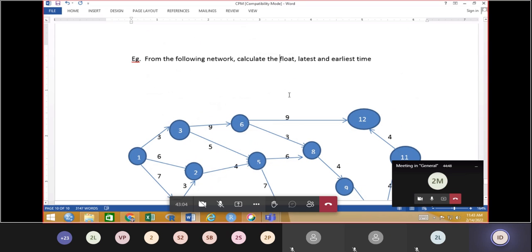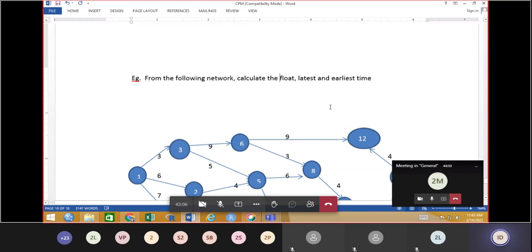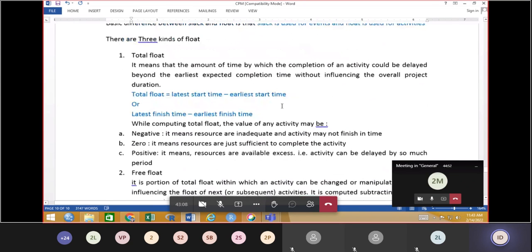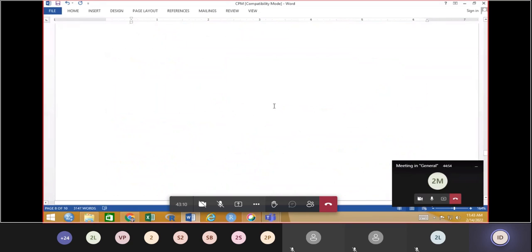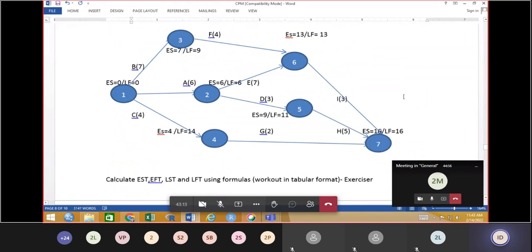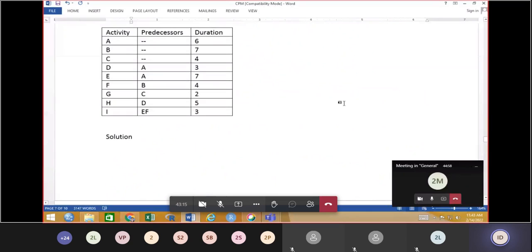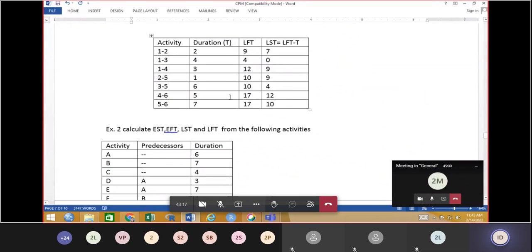I will share this file with you for theory purposes, and you can practice the problems on your own. If you work out the same problems, you will understand. Problems are not very big; just put the values into the formula and you will get the answers.